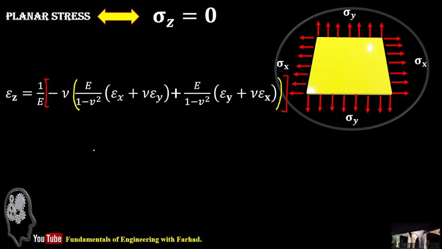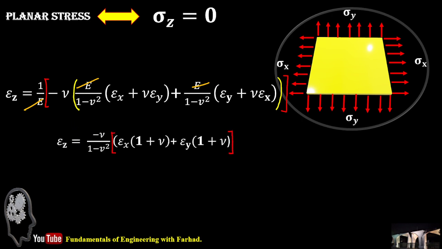If you expand the equation and reorganize it, you can cancel out the E and take the constant out: epsilon z is negative nu over 1 minus nu squared times, factoring out, 1 plus nu times epsilon x plus epsilon y.